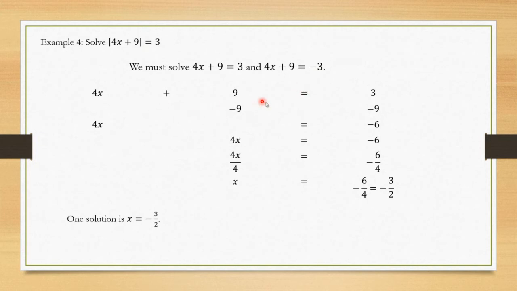The first one, 4x plus 9 is 3. And what do we do? We subtract 9 from each side, like so. We get 4x is negative 6.